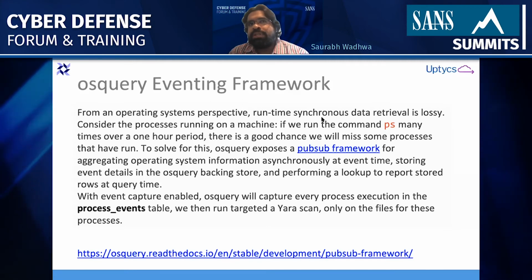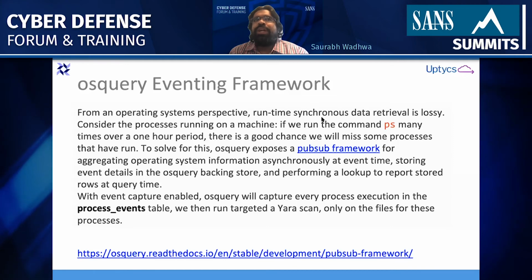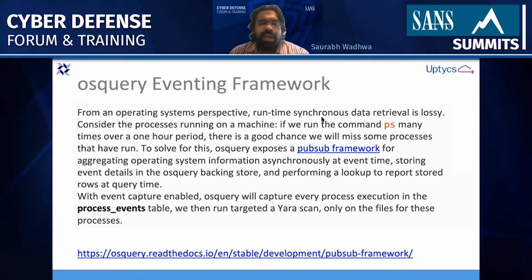As soon as a process happens, it gets recorded into the process events table, and we can run a YARA scan only on those processes. There is no need to run a YARA scan on any processes which have been there for a long time. As soon as a process happens, we can run a YARA targeted scan on the process events table.